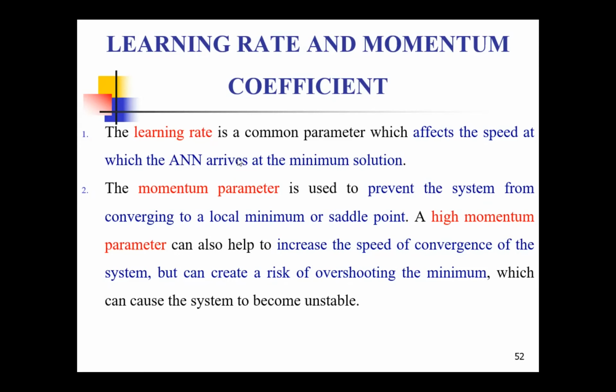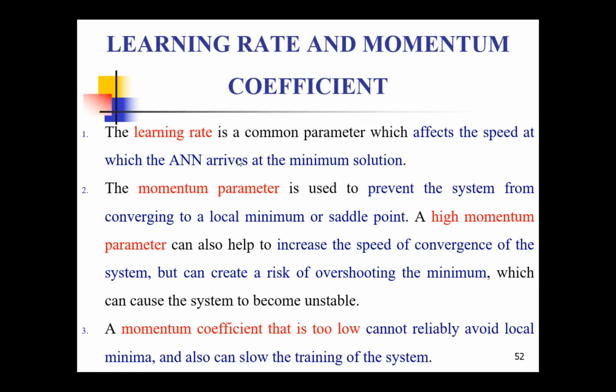By using the momentum parameter, we prevent that. A high momentum parameter helps the system speed up convergence, but risks overshooting the minimum. So we have to use a nominal momentum parameter.